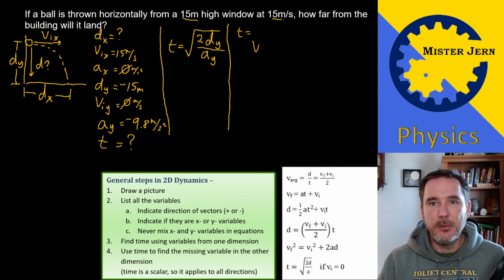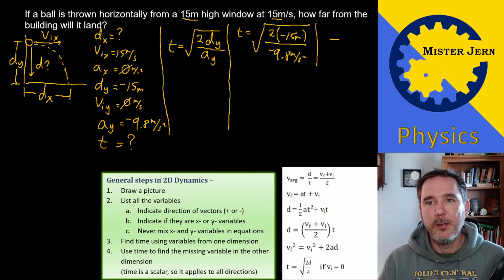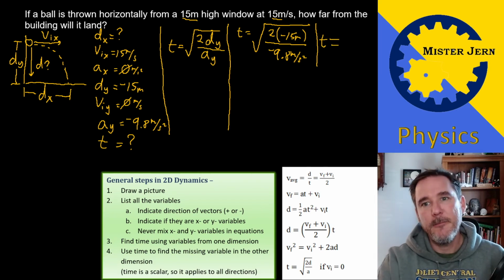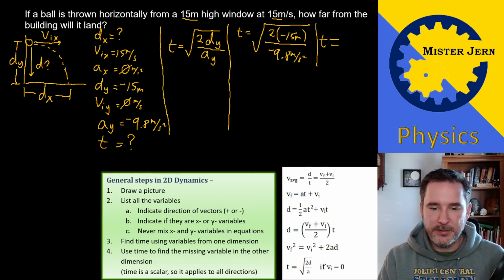Time is equal to 2 times the displacement in the y direction, so negative 15 meters, divided by the acceleration in the y direction, negative 9.8 meters per second squared. So time, when we plug that into our calculator, is 1.749.